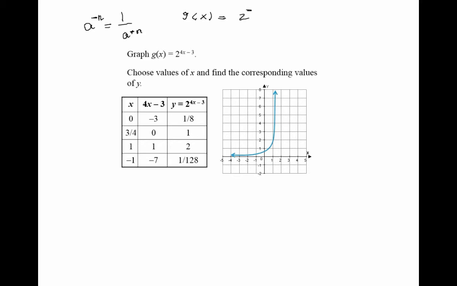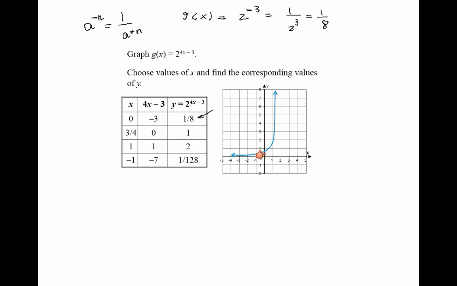That's the same as 1 over 2 to the power of positive 3, which is equal to 1 over 8. If x equals 3/4, I'll use 3/4 purposely so I can reduce the 4. So 3 minus 3 would be 0. Anything to the power of 0 would be equal to 1. Okay, so that's another point.